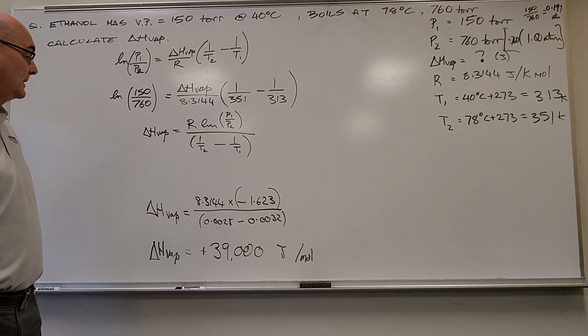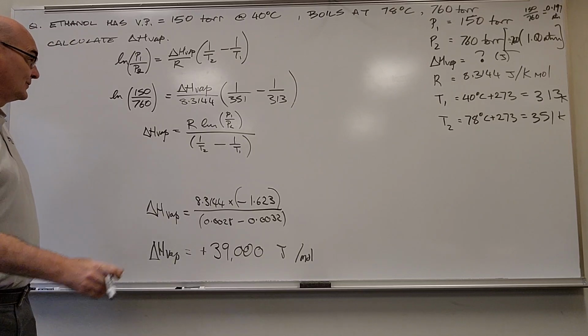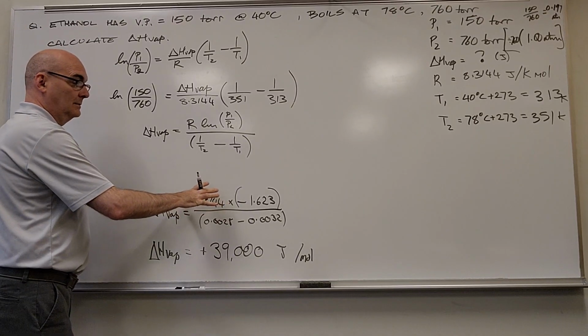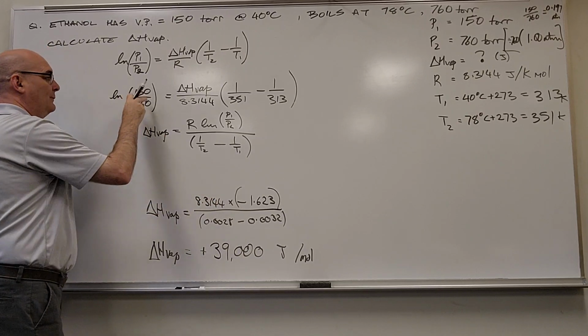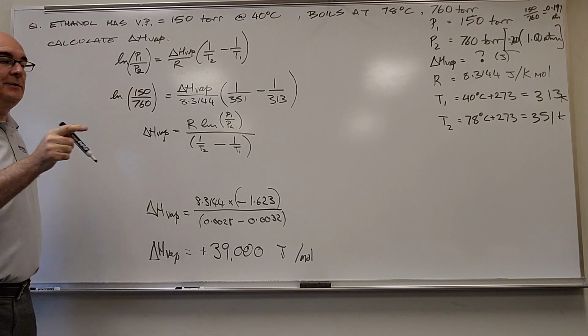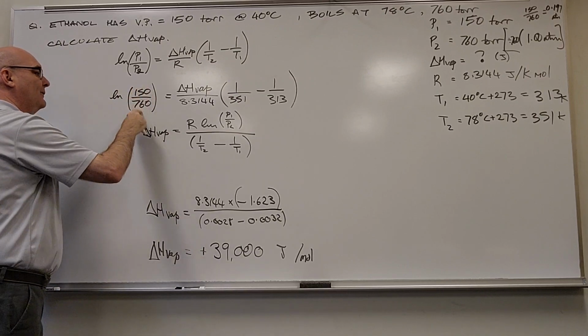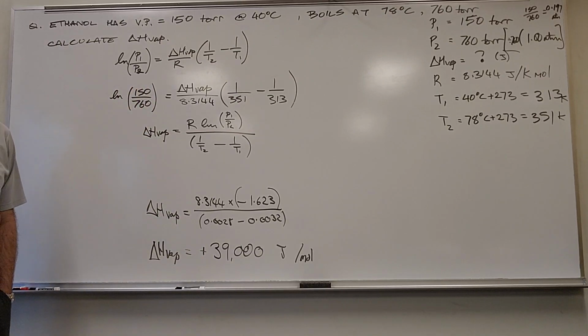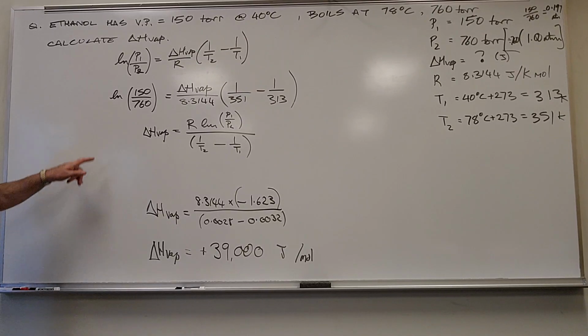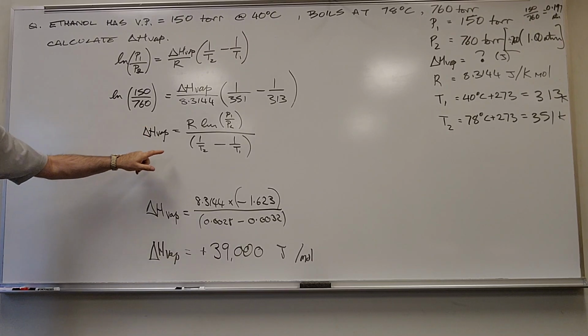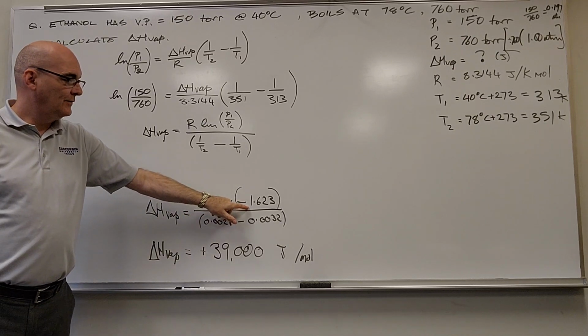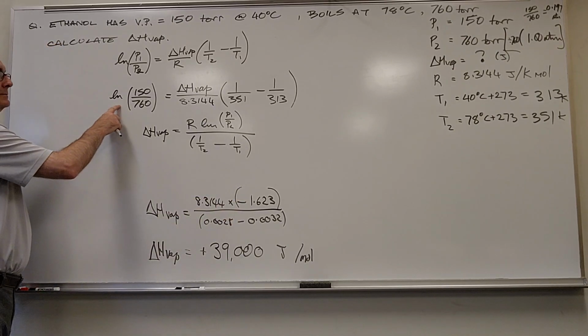Okay, let's work through that. So we know that this logic is right, right? I would do 150 divided by 760, which gives me a number. I leave that number in my calculator and I ask what is the natural log of that number, and it tells me that is negative 1.623.